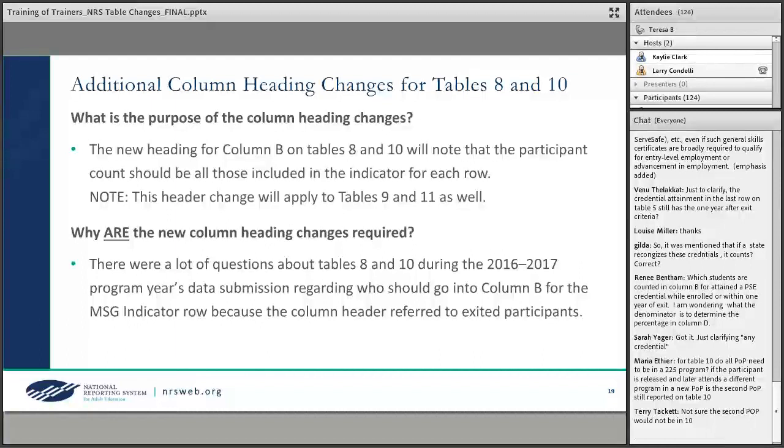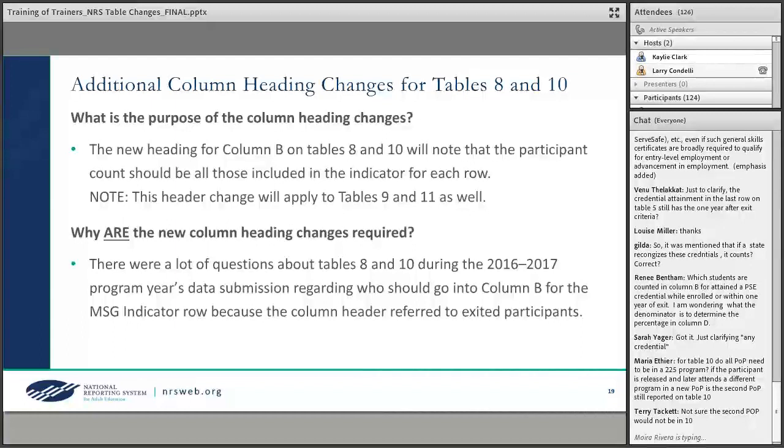So if the person is released, no longer incarcerated, and they enroll in adult education programs somewhere else, first of all, there would be really no way for the correctional education program in that institution to track whether or not that student is getting a measurable skill gain. But beyond that, they're no longer being served in the correctional education program.